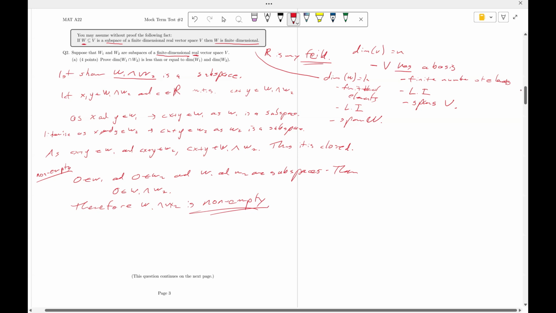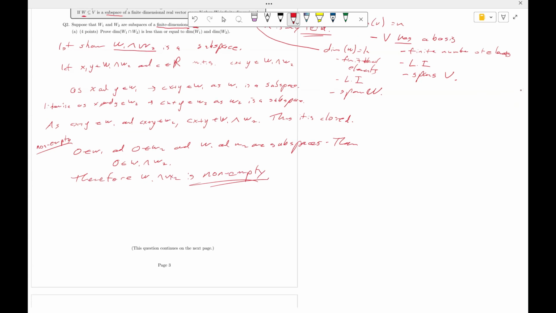Because of this, I'm allowed to conclude that it has a basis. I'm allowed to conclude that W1 has a basis and W2 has a basis. So we're going to let alpha be a basis for W1 intersect W2. Let beta be a basis for W1.